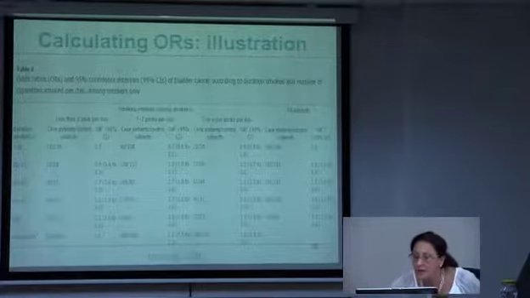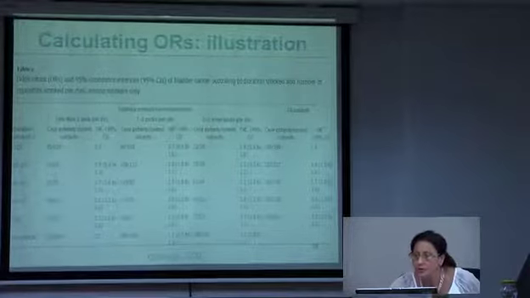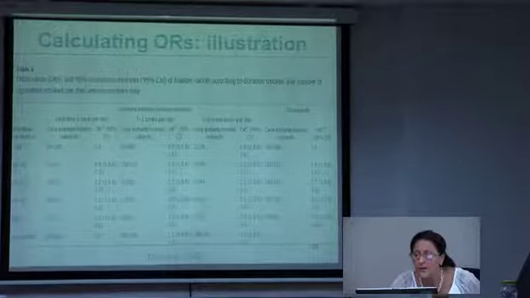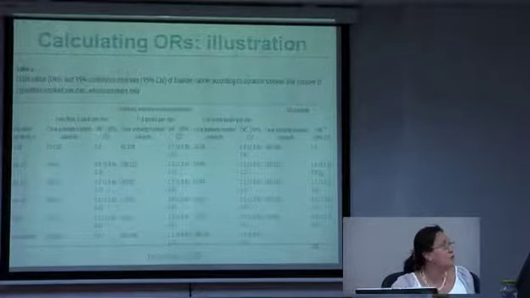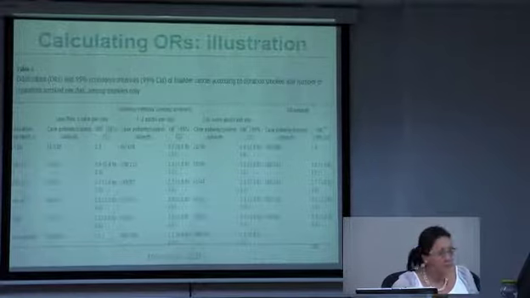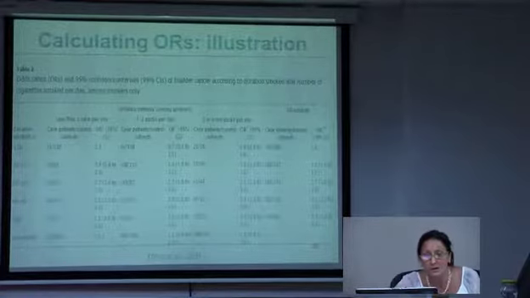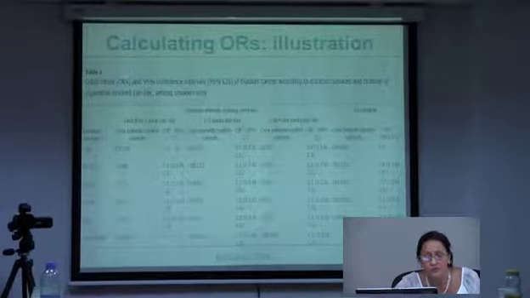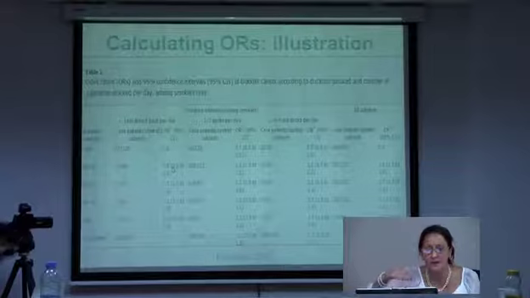And you see that as we go down, the OR increases, and they are all significant. So what's important here is the smoking duration rather than the intensity. Even within each category of pack intensity, you see that there is a gradient.